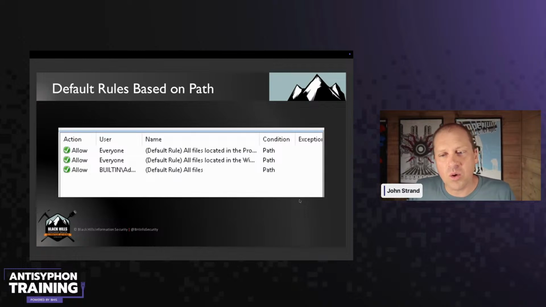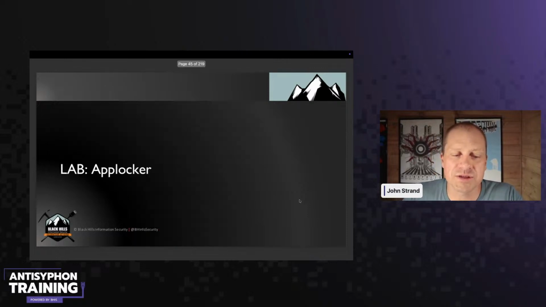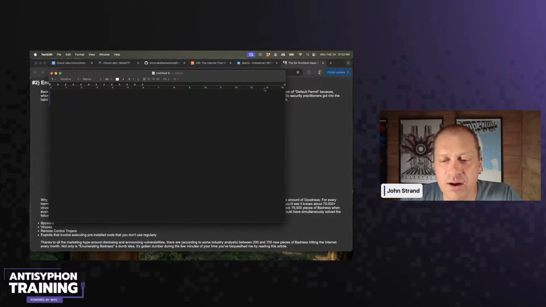So this says that only programs are allowed to execute in the Windows directory, in Program Files, and sometimes Program Files x86. That's going to shut down a huge percentage of the drive-by downloads and exploits that hit your environment as well. The final steps are we have to enable the application identity service on your computer system, and then it's ready to rock and roll. So now we have our first lab of the class.